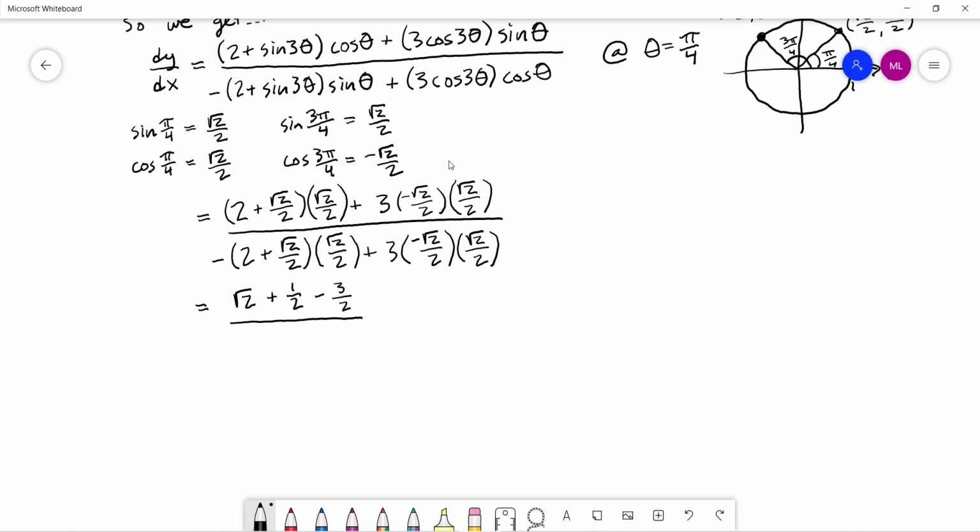And then down here, we'll have a negative root 2 minus a 1/2, and then again, minus 3/2. So on top, this simplifies to root 2 minus 1. On the bottom, I've got negative root 2 minus 2.